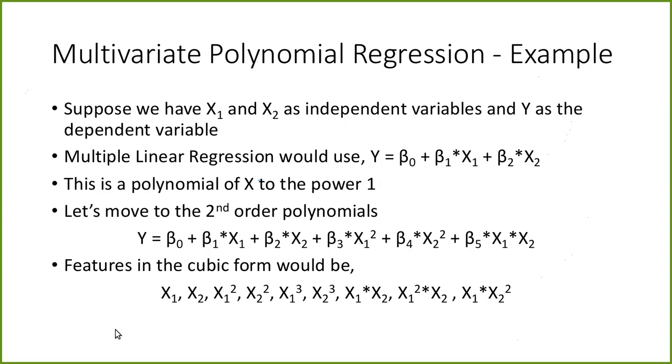Yeah, there are 9 values that you have to calculate for developing this model. So when you increase the polynomial degree, it would become very difficult to calculate this model. So you should not go to a very large number of degrees when you have a large number of independent variables, right?